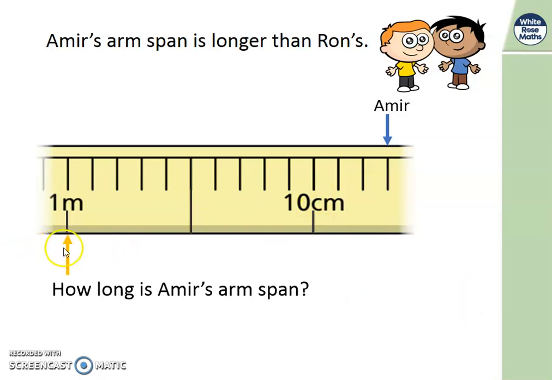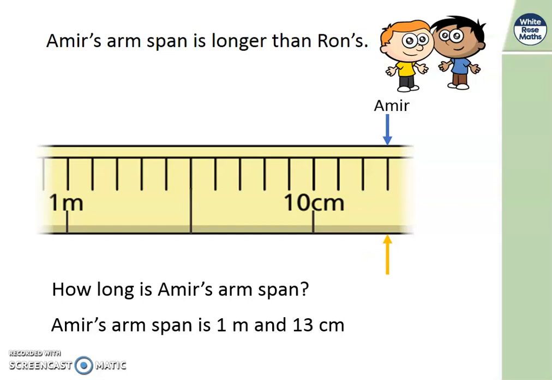So here's 1 metre and here's 1 metre and 10 centimetres, but it's more than that. It's another 1, 2, 3 past there. So 10, 11, 12, 13. So Amir's arm span is 1 metre and 13 centimetres.